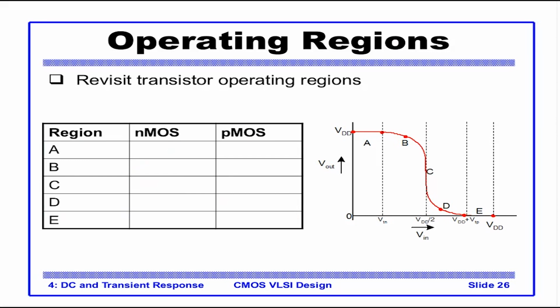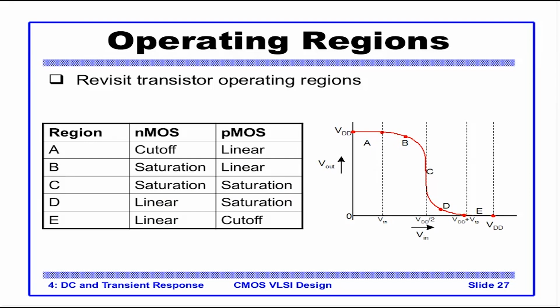Now let's revisit the regions. So in region A, V in is 0 or close to 0. What happens to NMOS and PMOS? The NMOS is in cutoff, PMOS is in linear.